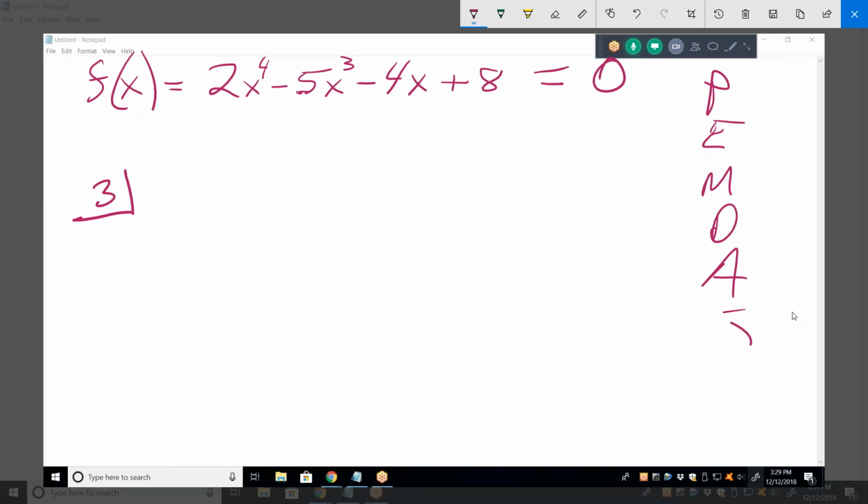And you're going to list at the top your coefficients only, allowing for every power of x. We are missing an x squared, so we're going to stick a dummy 0 in there for x squared, and then minus 4, and then 8.